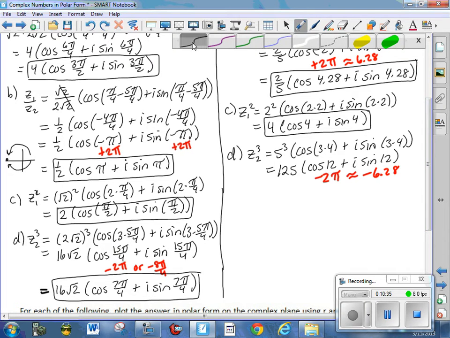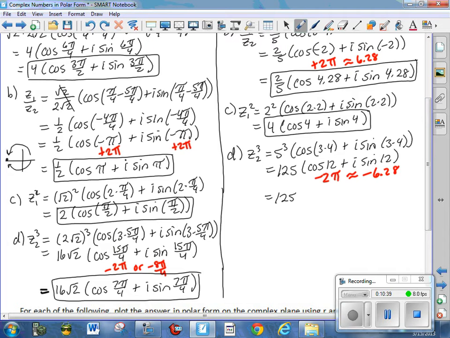So that turns out to be about, when I subtract 6.28, I end up with 5.72. So this is cosine of 5.72 plus I sine of 5.72.